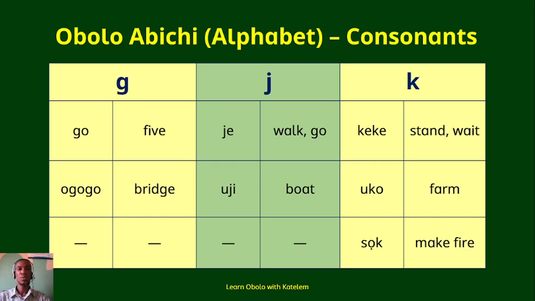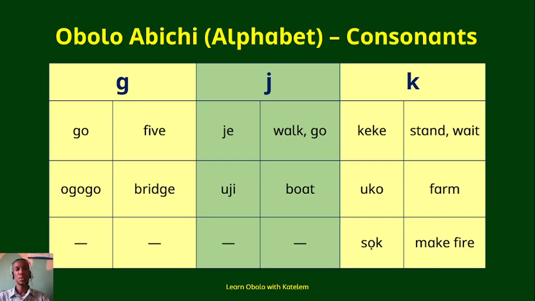So we can say that Obolo is phonetic. So this letter G has only one sound, G as in go. It doesn't sound like G as in generate. Go is five, and go is bridge. You cannot have the letter G at the end of a word in Obolo.